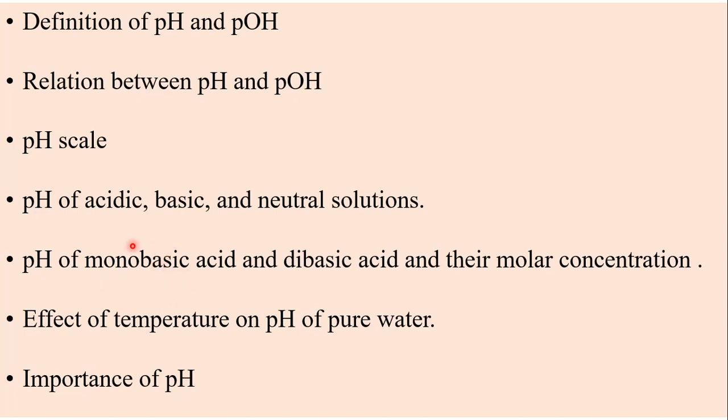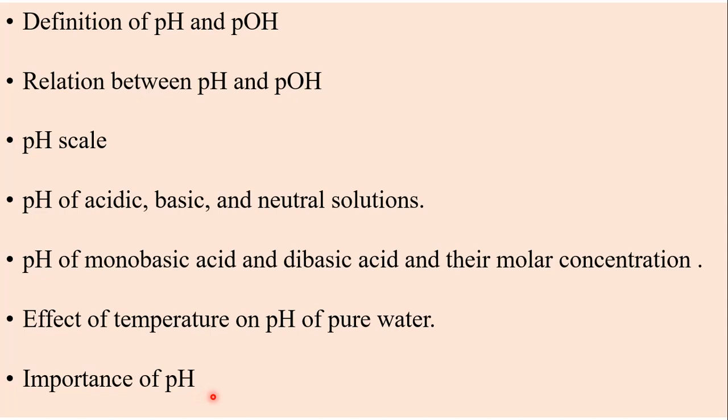We will compare the pH of monobasic and dibasic acids and their molar concentrations, and the relation between the pH and molar concentrations of monobasic and dibasic acids, and the effect of temperature on the pH of water and the importance of pH.